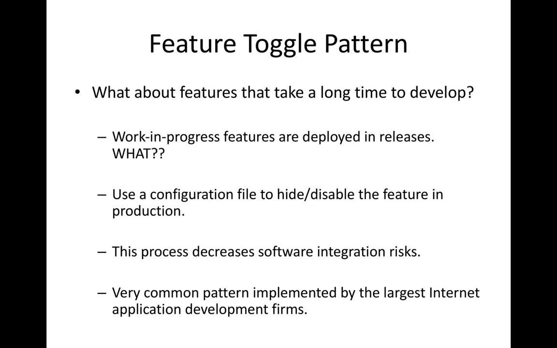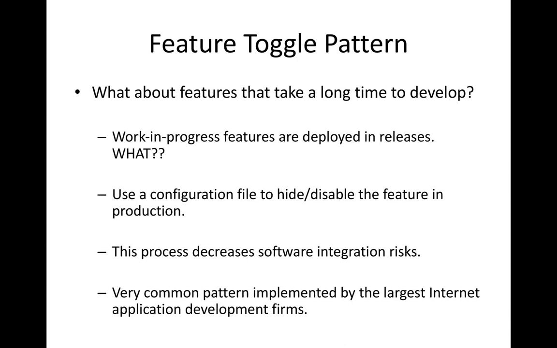Meaning that our customers are still accessing our software and they're using it, but the features that we're working on and that aren't finished yet are just not visible. Our customers can't exercise that code or get access to that feature because it's been switched off.